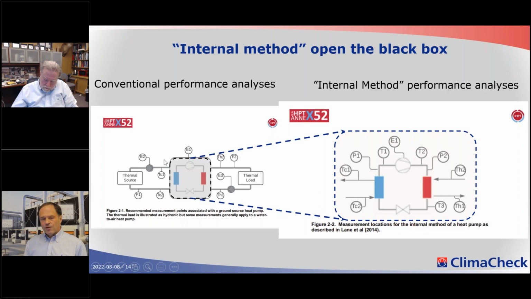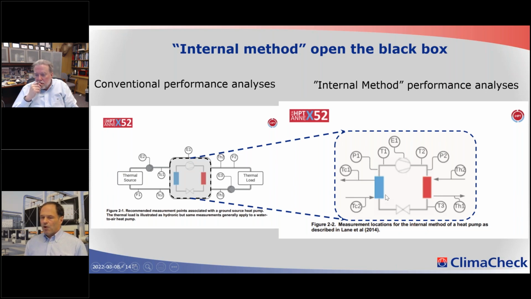Whereas if you look at the internal method, it allows you, by taking the pressure sensors that are not in most equipment today, as well as temperatures that are frequently already in the unit, and then using the same temperatures on the secondary side, so it can be air, water, or brine.